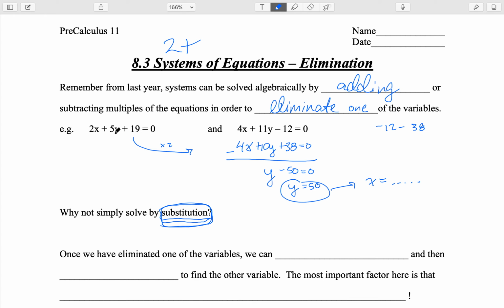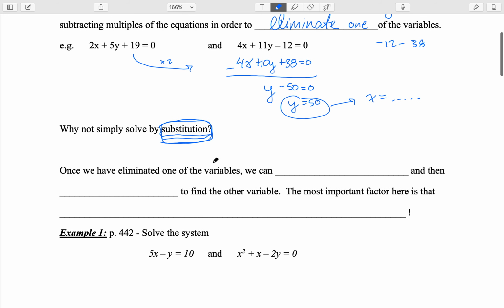Solving for y, you'd divide everything by 5, 19 over 5. Not nice. Same thing here: dividing by 4 gives 11 quarters, or dividing by 11. No matter what, I could have eliminated one of the variables, but I would have got ugly fractions. If you don't like fractions, that's what you want to avoid, if possible. Sometimes you can't, but in this one, I didn't have any fractions.